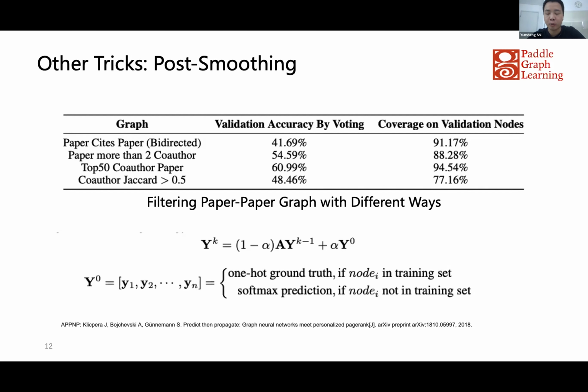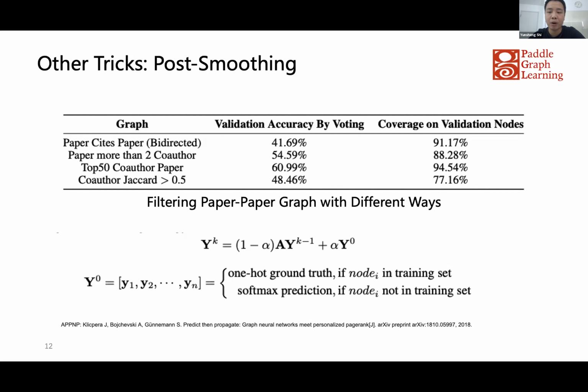However, we find that if we perform the post label propagation on a filtering graph with a higher homophily ratio, we can achieve better improvement. Therefore, we perform a voting strategy on validation nodes based on different filtering graphs, as the table shows.